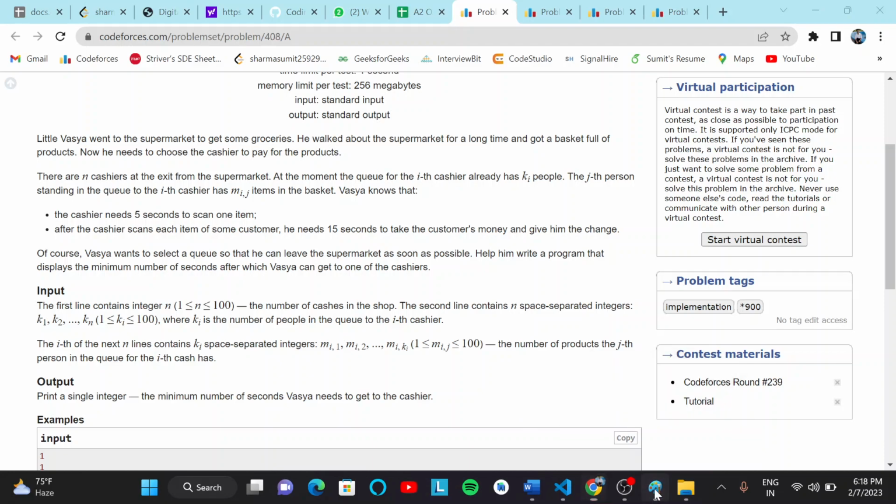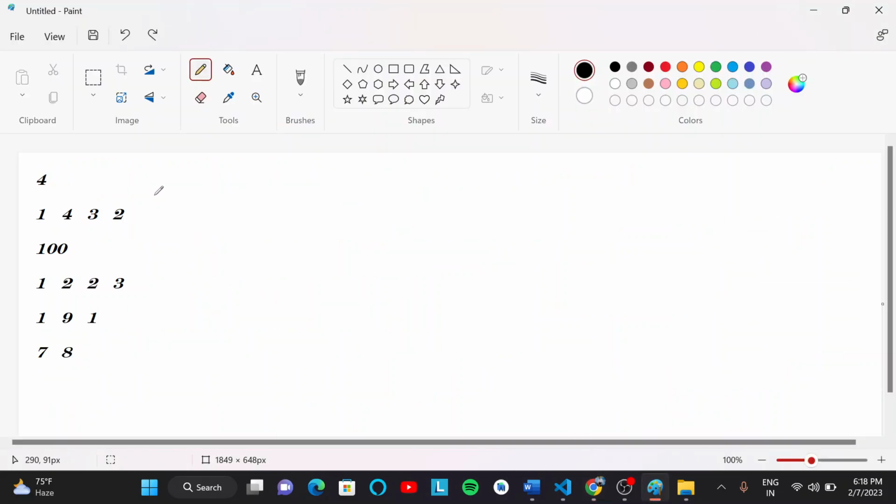So now we will jump to the solution part, and clearly we can see here 4 windows, and the first window has one person, the second window has 4 persons, the third window 3 persons, and the fourth window 2 persons.